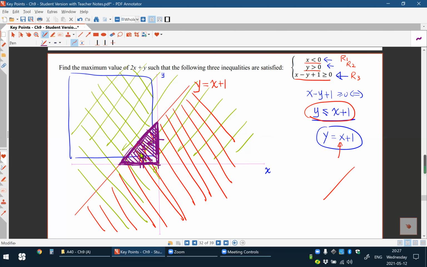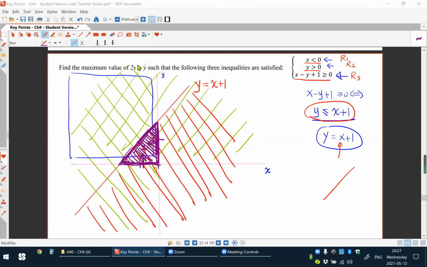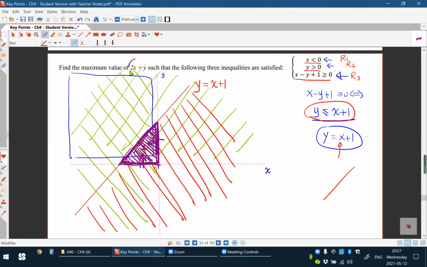Do you understand? Okay, so that means we need to find the maximum possible value of 2x plus y, satisfying that the x and y coordinates should be within this region, right? Under this constraint means within this region.